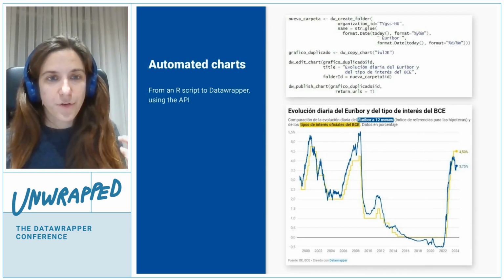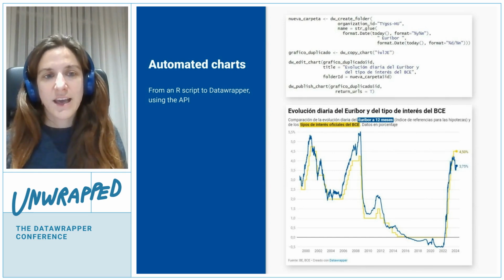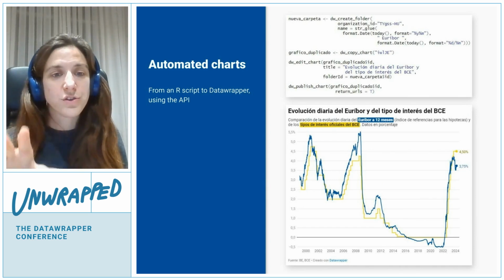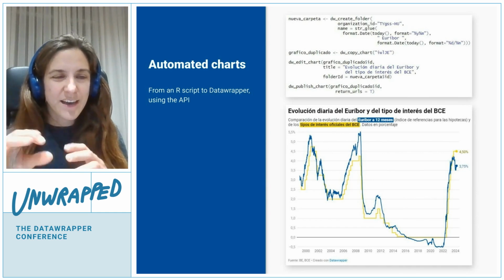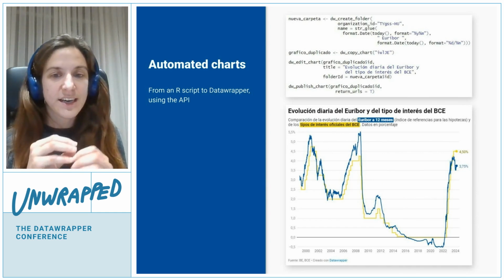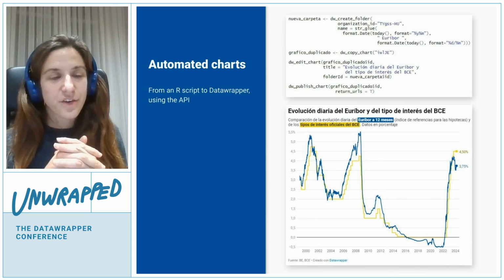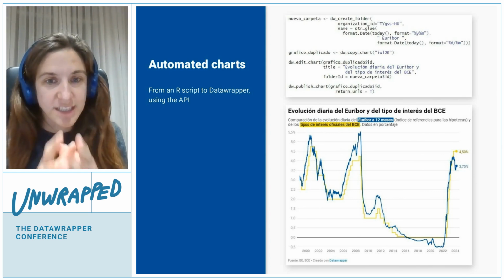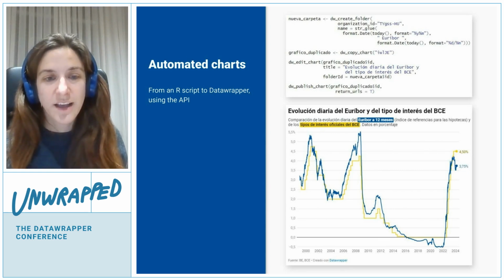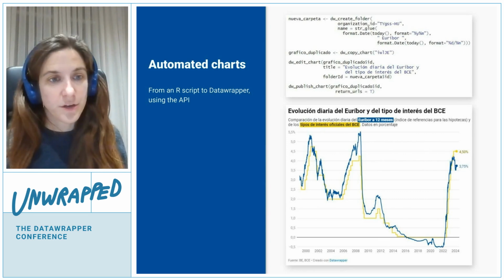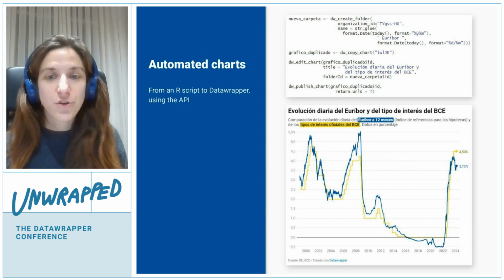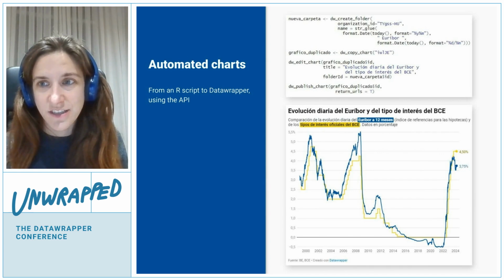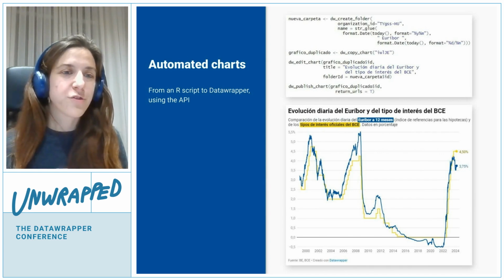Also, we use Datawrapper for automated charts because, as you may know, there's an API in Datawrapper which allows you to edit charts, to update data, to make different changes without even opening the website. For example, in this case I'm showing here, it's about the Euribor. Every time the European Central Bank makes a new decision, we have to update this chart.